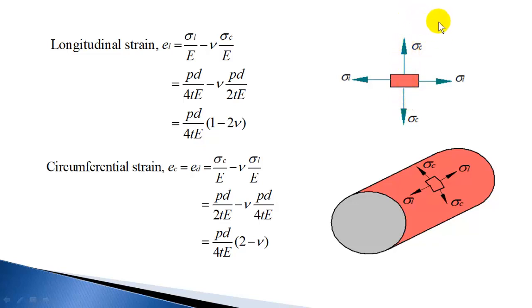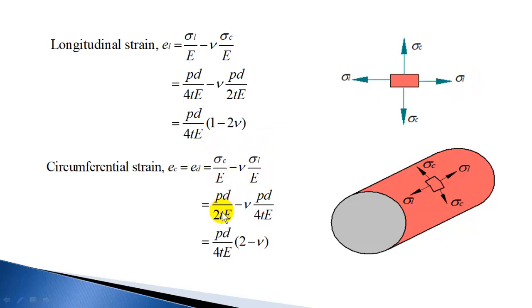Now, EY is sigma y by E minus nu sigma x by E. So instead of y direction you have circumferential direction, so I just put it EC, which is also equal to ED. It's equal to sigma C by E, that is sigma y is sigma C here, sigma C by E minus, instead of sigma x we have sigma L, minus nu sigma L by E.